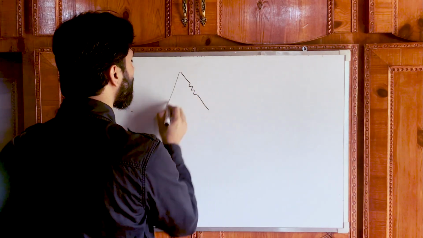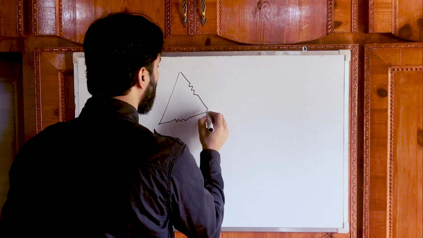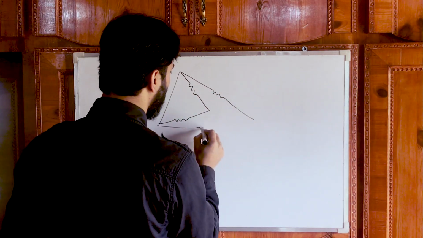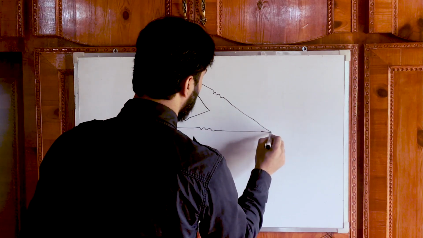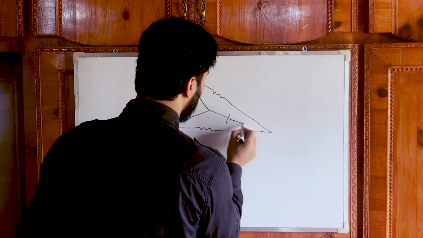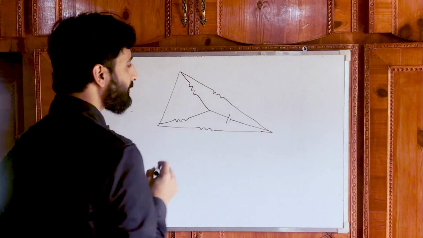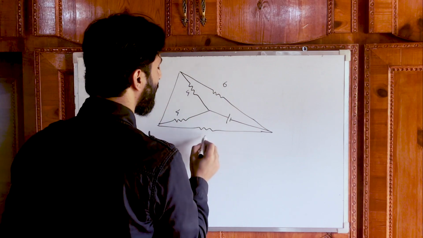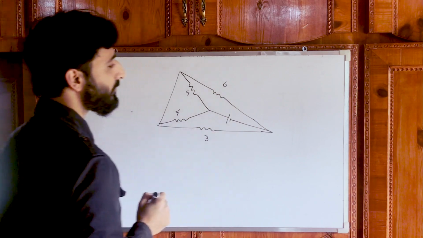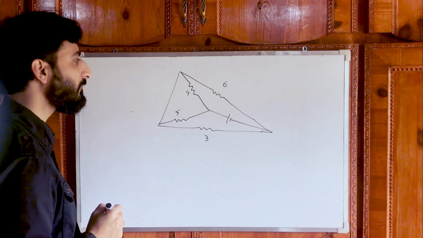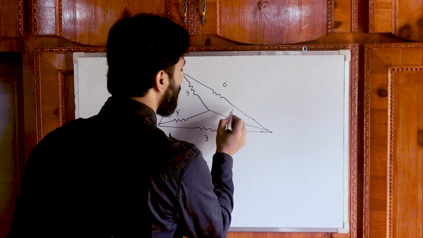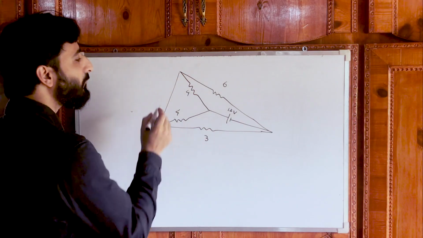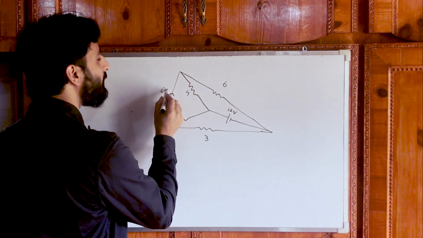It was like this. A 12-volt battery, and we have to find the current through this conductor.